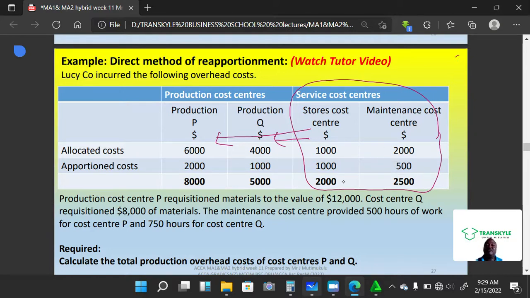So what you have to do is discover what the total costs are for the stores service cost center. The total cost was $2,000.